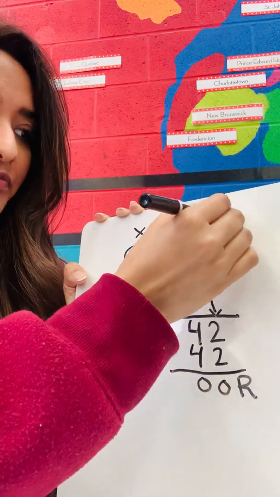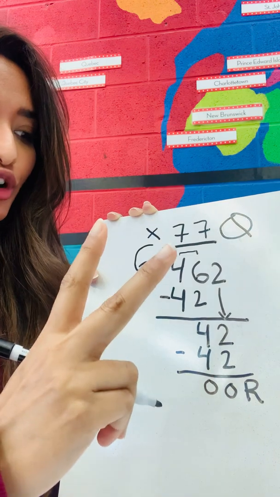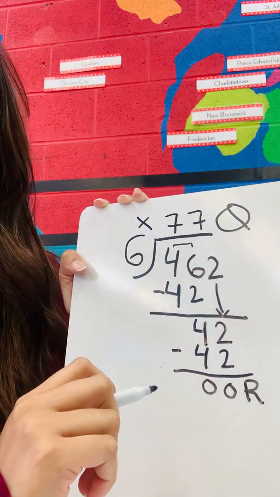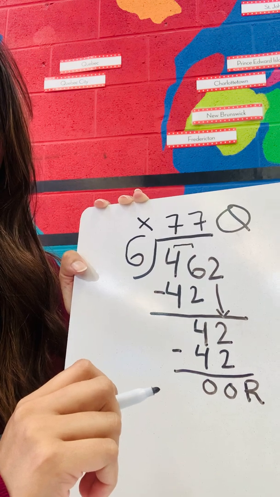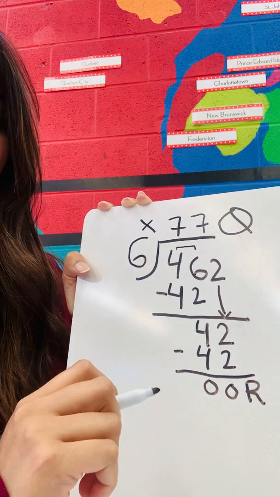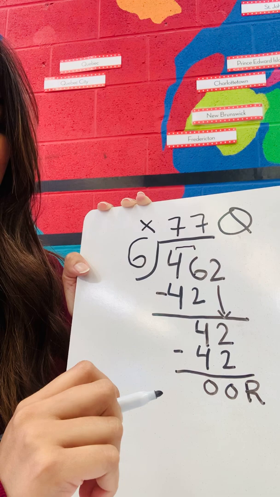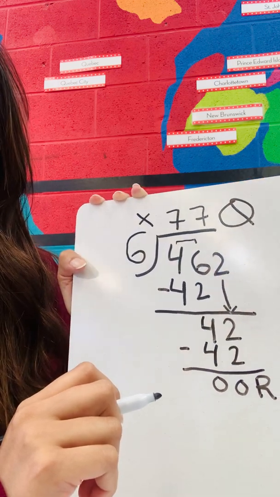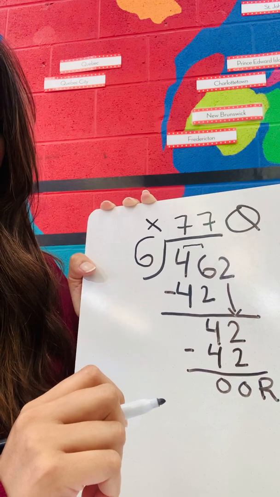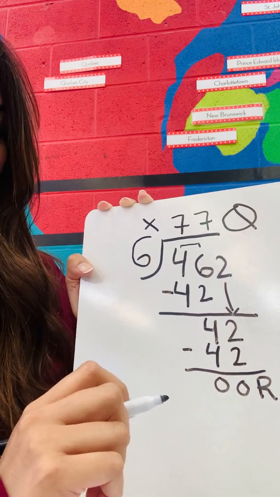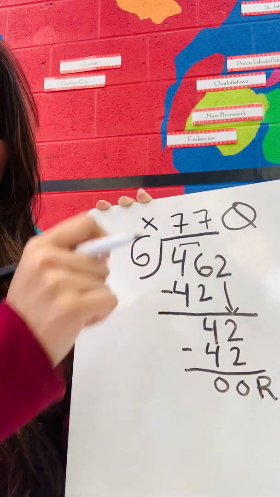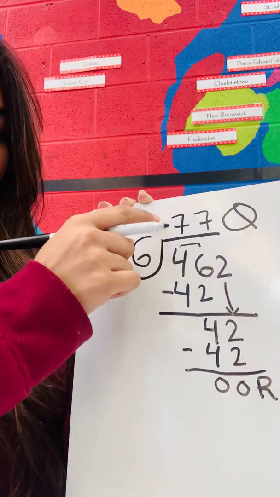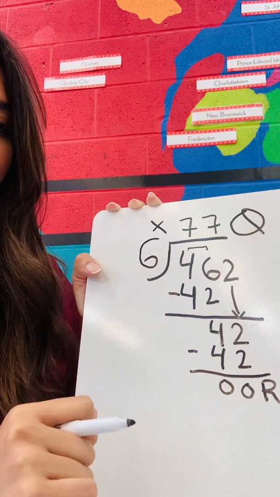Absolutely not. This is a two-part problem. Okay, so we just found out that Mr. Lee sold 462 flowers in bunches of 6 each, right? So we found out how many bunches there were. There were 77 bunches.